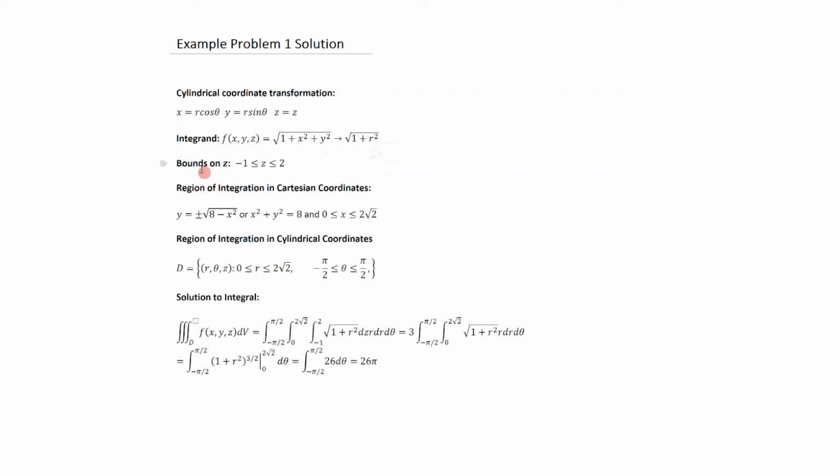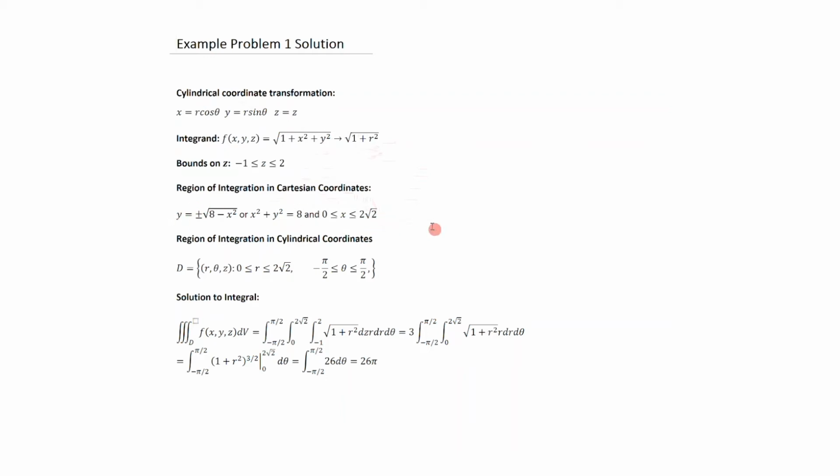The bounds on z basically remain the same, so minus 1 is less than or equal to z is less than or equal to 2. And the region of integration in Cartesian coordinates was basically y equals plus or minus the square root of 8 minus x squared, or you could effectively write this in equation form as x squared plus y squared equals 8. And the limits on x were 0 less than or equal to x less than or equal to 2 root 2.